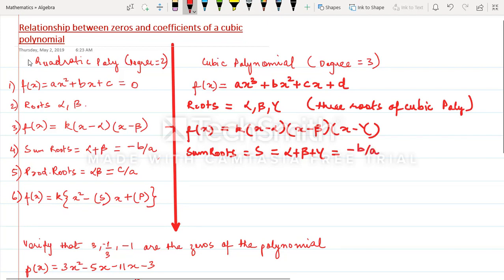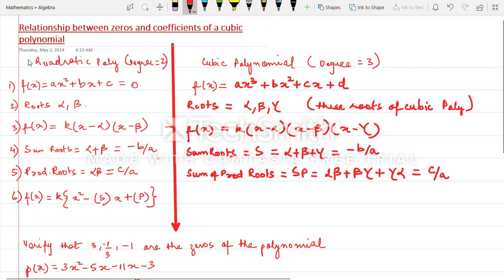Then there is something called the sum of product of roots. Let me denote that by sp, which is equal to alpha beta plus beta gamma plus gamma alpha, which is equal to c by a.